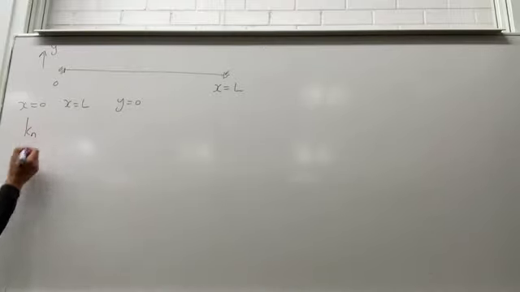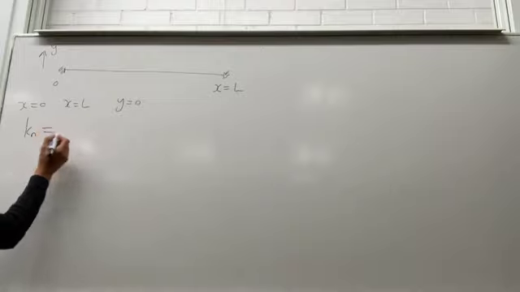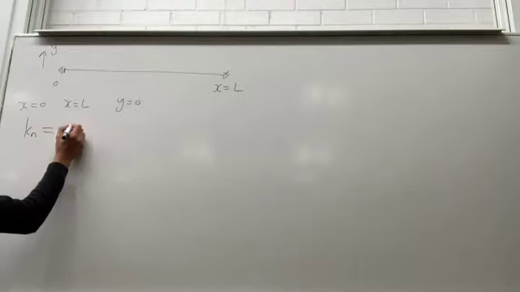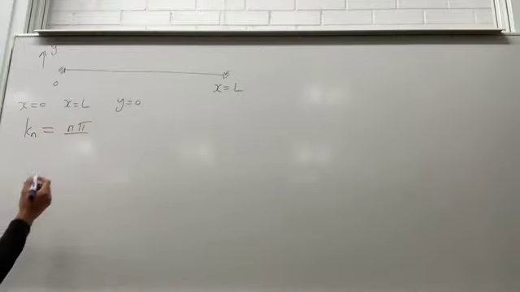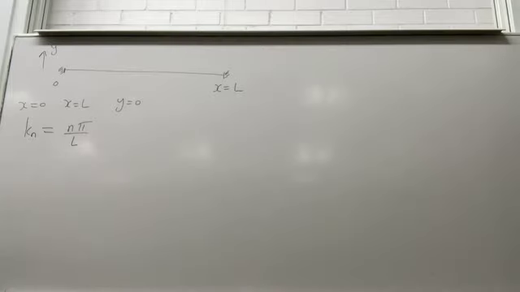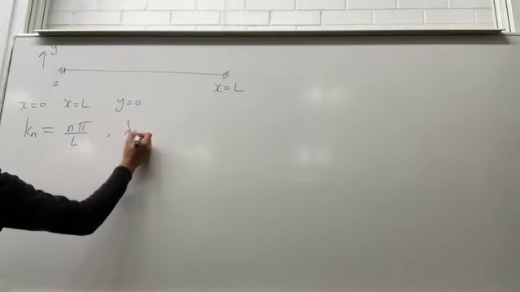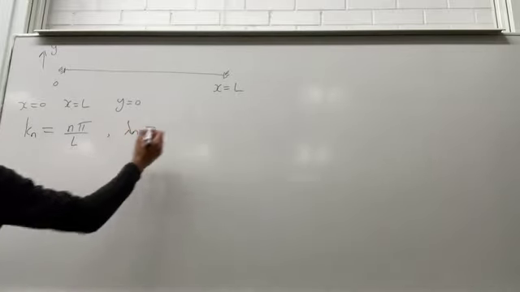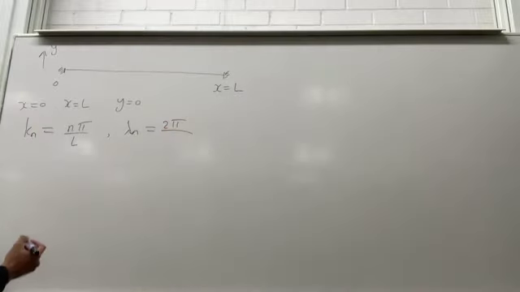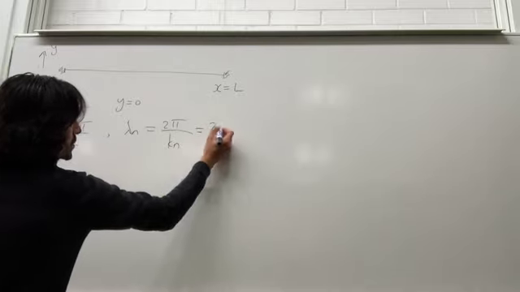Kn, where n is for the modes, is n pi over L. Lambda n is 2 pi over Kn, which is 2L over n.